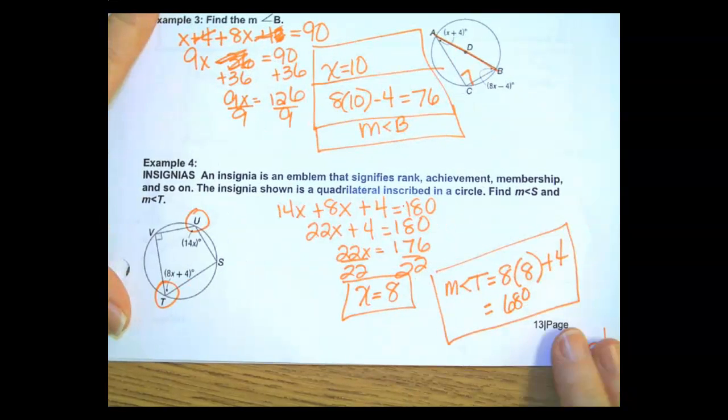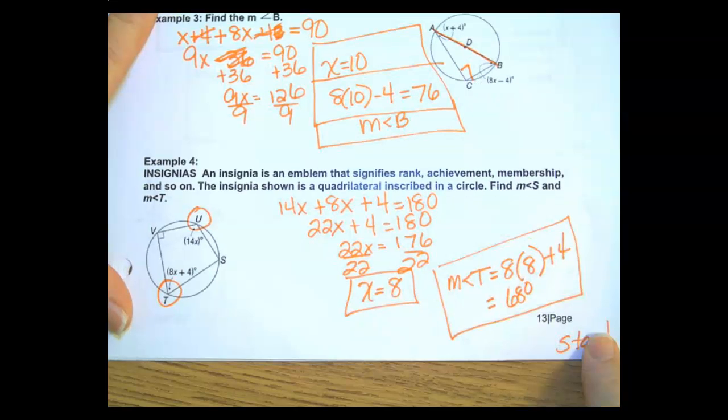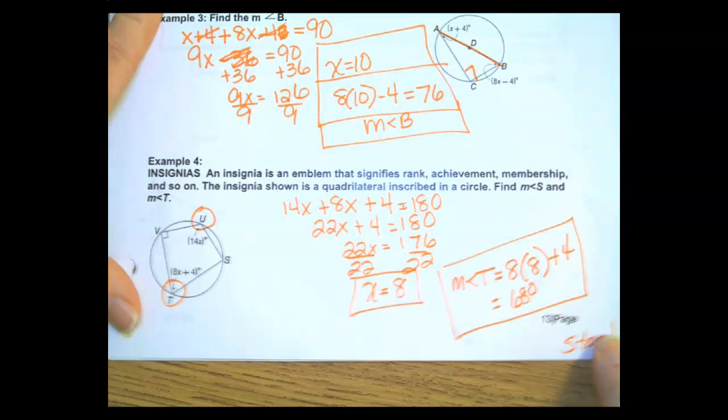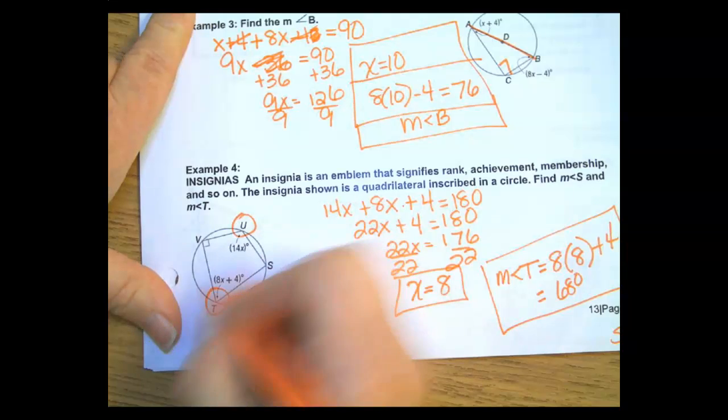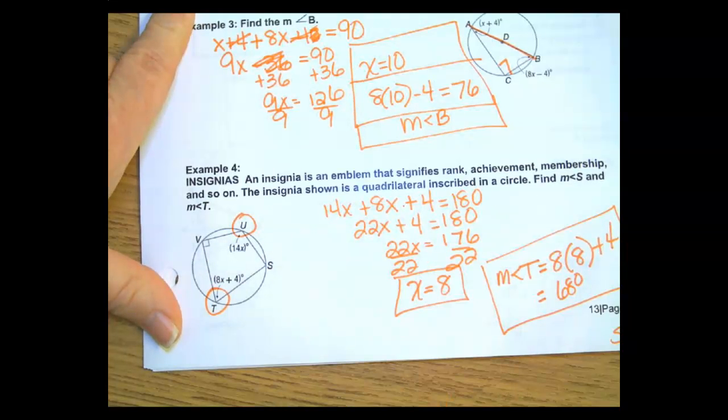We're almost done. That's why it says stop. And then these two together, S and T, equal 180.